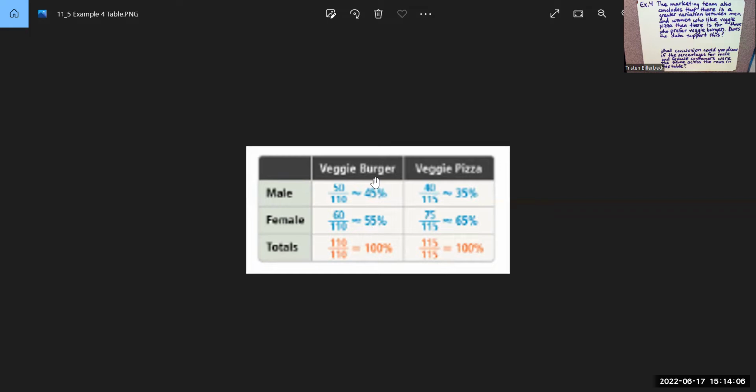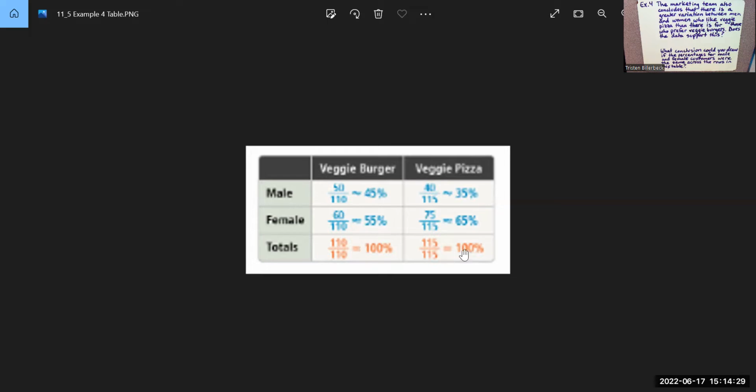So if we look at the variation here, there's a 10% variation between people liking the veggie burger. 45% like this veggie burger and 55% like this veggie burger. So that's a 10% variance, not that much variance on the veggie burger preference.